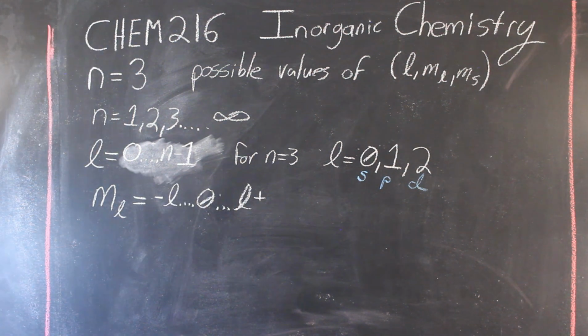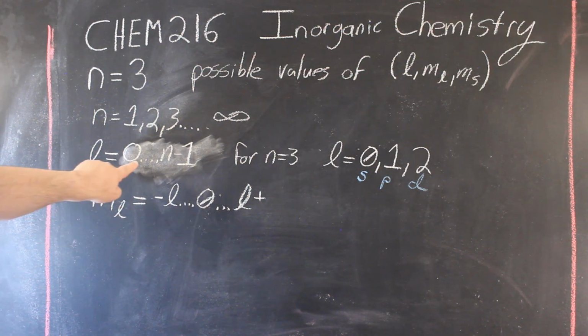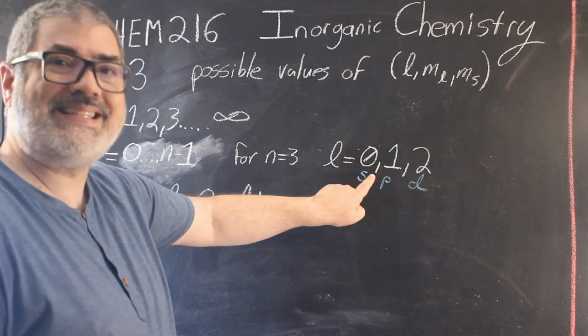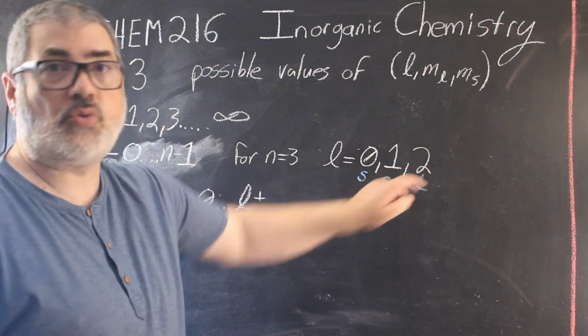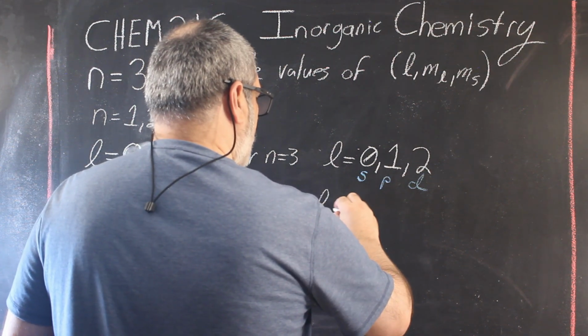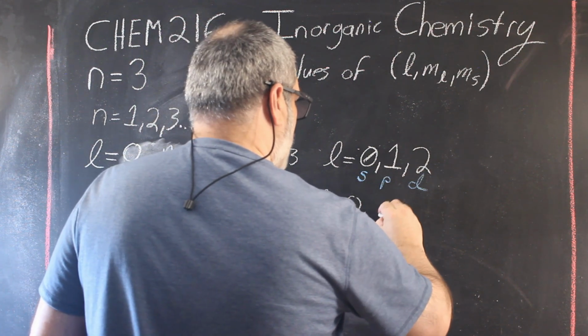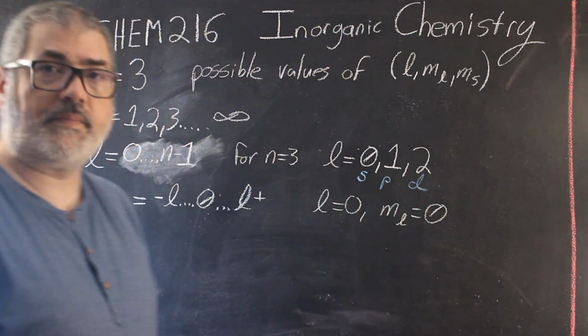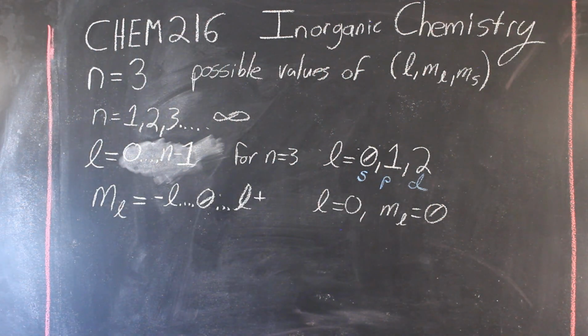Now, this particular term is dependent on the value for l, so we're going to have a different m sub l for each one of these values. When l is 0, m sub l is also 0. That's the s orbital. We have one s orbital available at each n value.